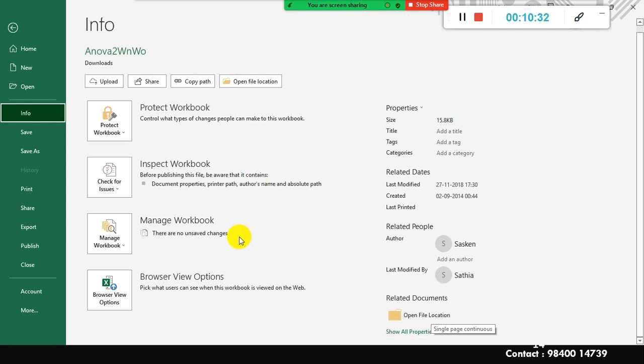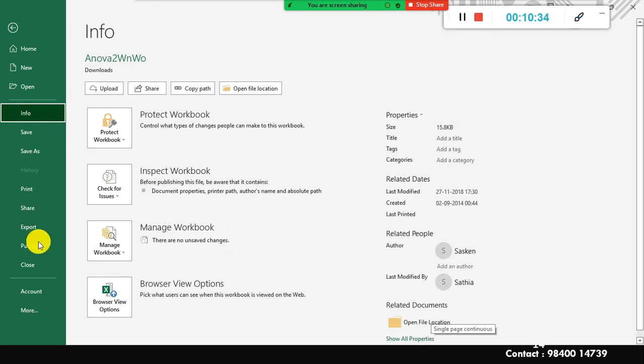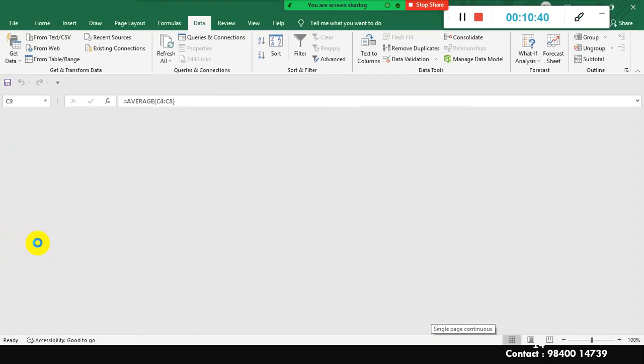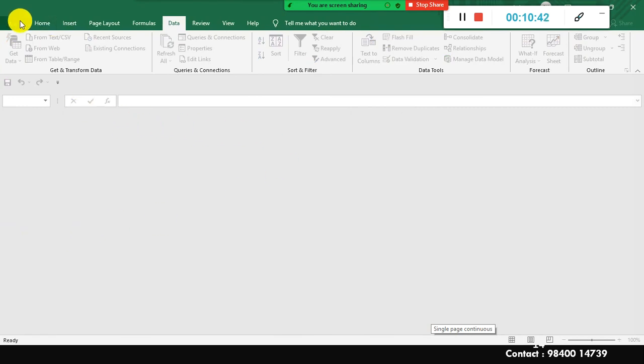Since mine is not the original version on this laptop, it is not showing the properties. Let me see the account. Anyhow, I'll give you the context.